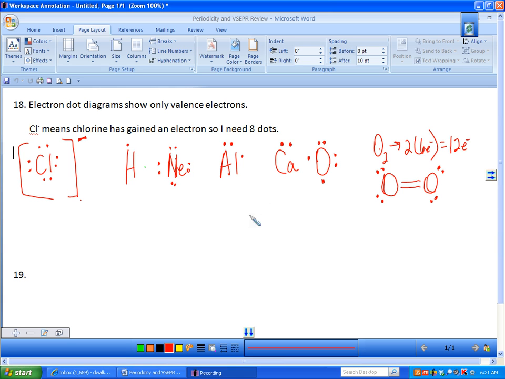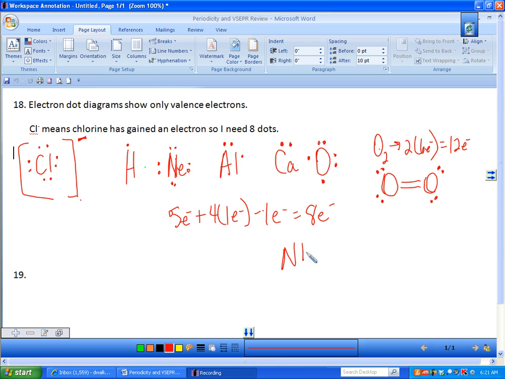All right, after oxygen, we have NH4+. So NH4, nitrogen has 5 valence electrons. And then I have 4 hydrogens, each with 1. And then it says it has a +1 charge, so I'm going to lose one of those electrons. So instead of 9, I have 8 now.